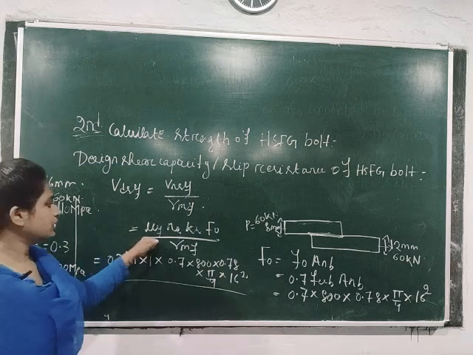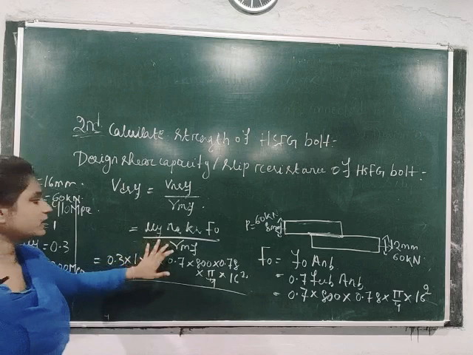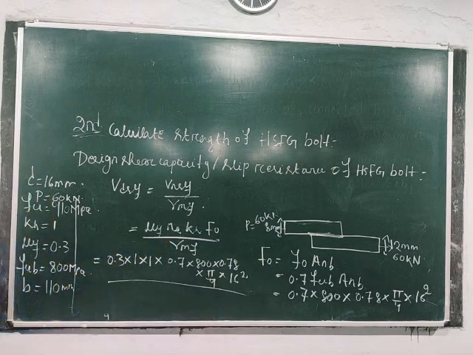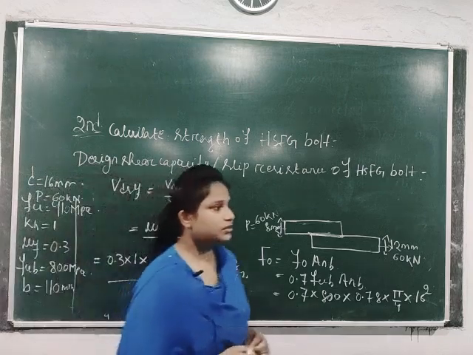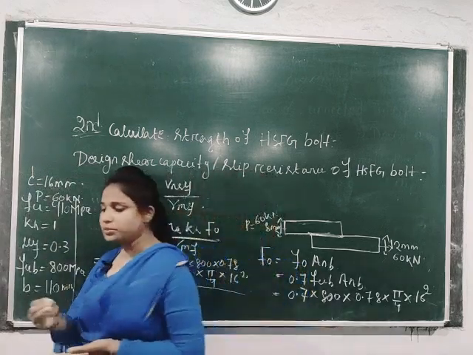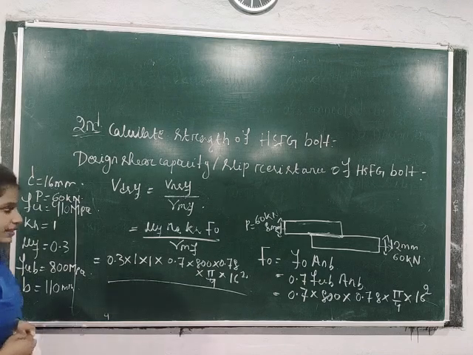So here in this problem you will have confusion in the case of gamma mf. To get to know the value of gamma mf, there are two conditions that I have already discussed.